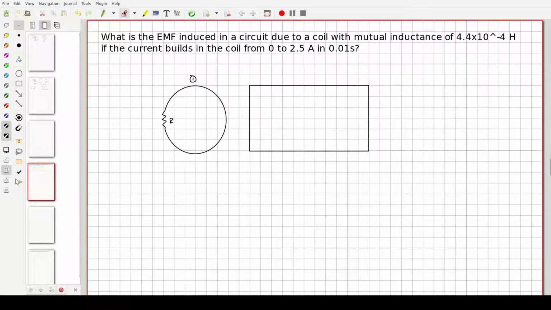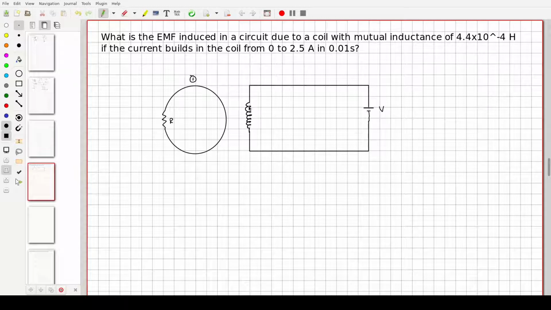So, maybe here's my battery source, my energy source right here. And the way a coil is drawn, or an inductor is what we usually say, is just like this, a loop of wire.